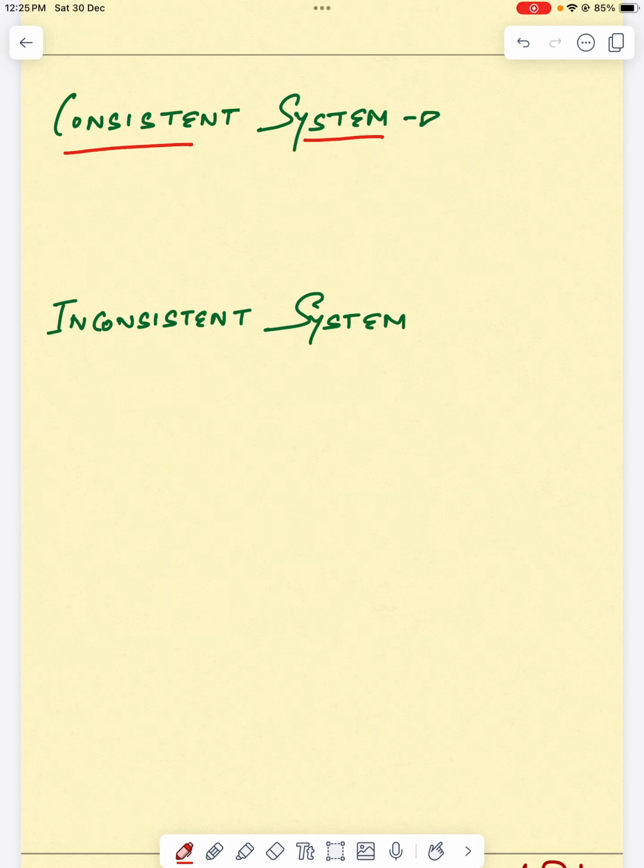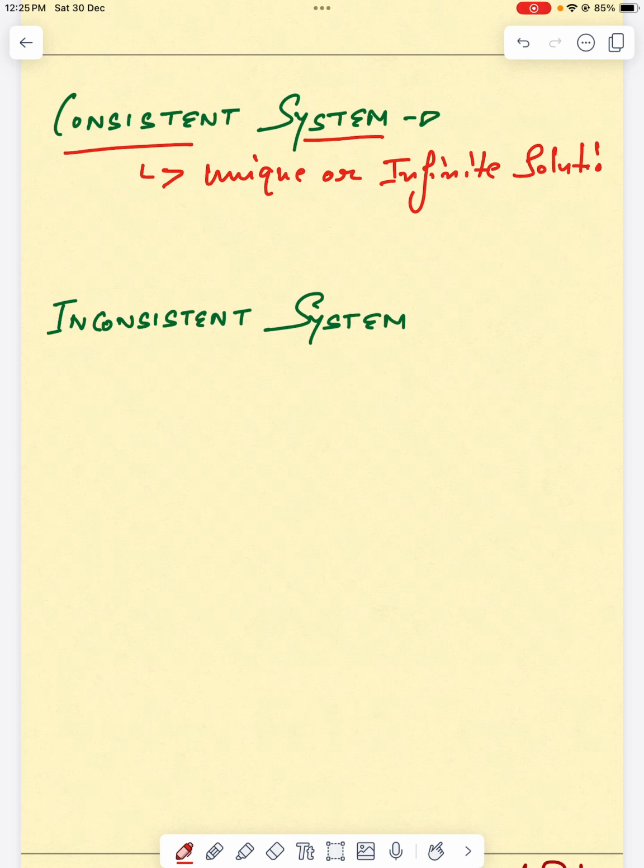So any pair of linear equations in two variables, or I can say system of linear equations in two variables, if you are getting a unique or infinite solution, then that pair of linear equations in two variables is called a consistent system of linear equations.